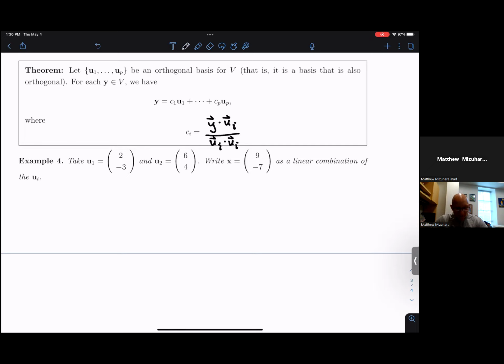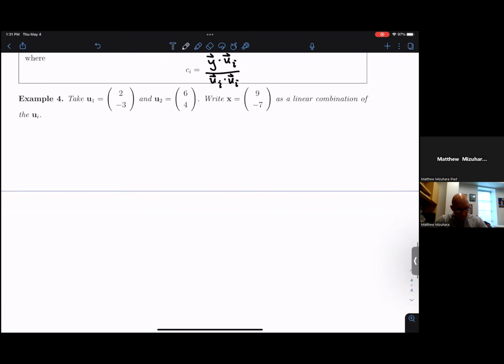So last thing in this video, let's do an example. I'm going to take the vectors u1 and u2, and I want to write the vector x as a linear combination of these two vectors. Now, of course, you could do this the way we did it back in chapter 1: write an augmented matrix, row reduce, find the coefficients. But instead, I notice that u1 dotted with u2 is 2 times 6 plus negative 3 times 4, which is 12 minus 12, 0.